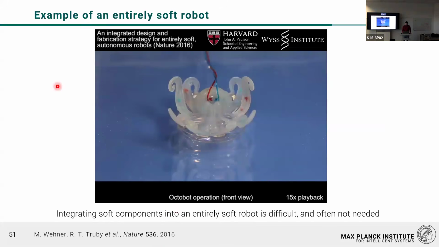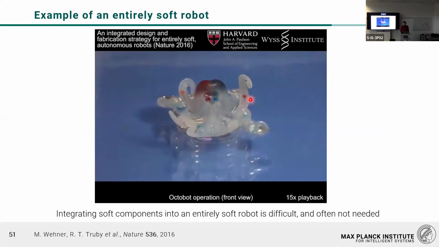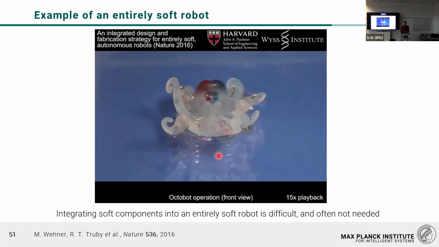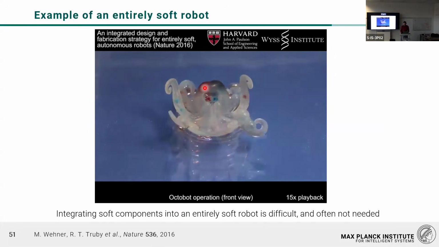In research, there's this nice example of the octopod. It's an octopus-shaped machine that has two fuels inside, a blue liquid and a red liquid. When they mix together, they react and cause the arms of the octopod to deform.